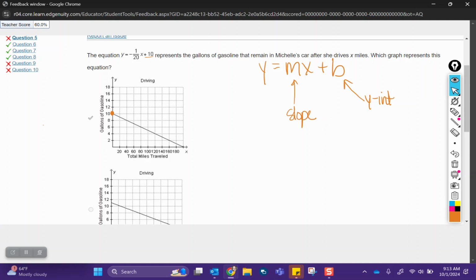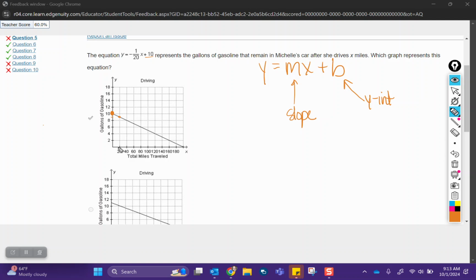But we have to pay attention to this graph. This graph goes by 2's on the y-axis and it goes by 20's on the x-axis. So if I go down 1, it's not one unit square on the graph, it's going down 1 gallon of gas, and that's right here at 9. So if I go down 1, I go over and I hit the line.